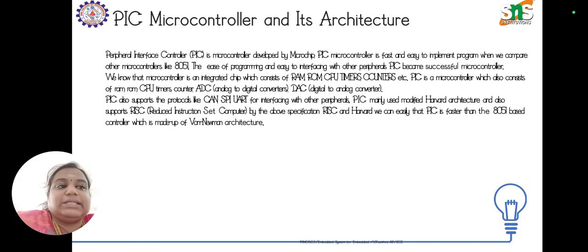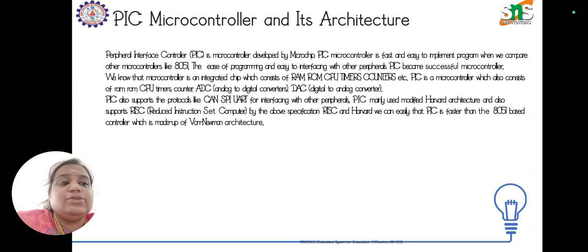We know that a microcontroller is an integrated chip which consists of RAM, ROM, CPU, counters, etc. PIC is a microcontroller which consists of RAM, ROM, CPU, timer, counter, ADC, DAC, digital to analog converter. PIC microcontroller supports protocols like CAN, SPI, UART for interfacing with other peripherals.